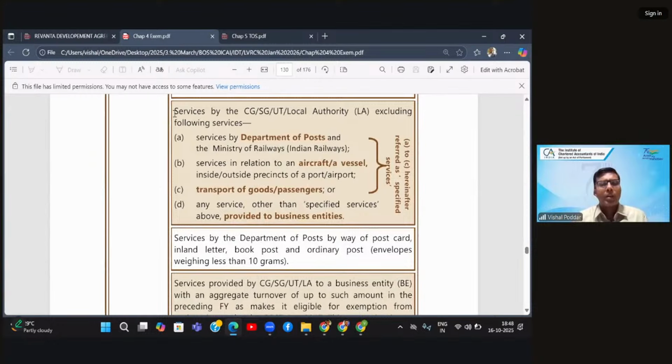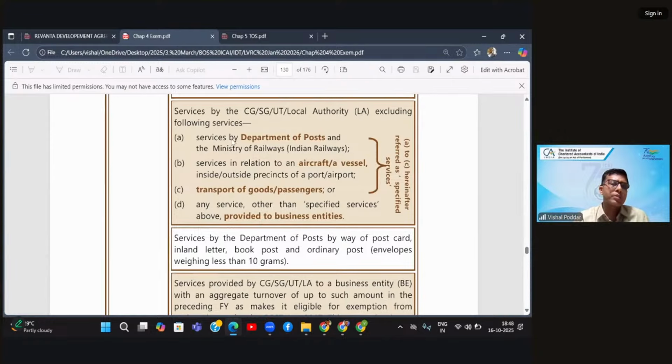Second, any service by the central government, state government, union territory, or local authority, all these are exempt except the following. In other words, these are the taxable services. What are they? First, services by the post, services by the Ministry of Railways, then services in relation to aircraft and vessel, services of transportation of passengers.